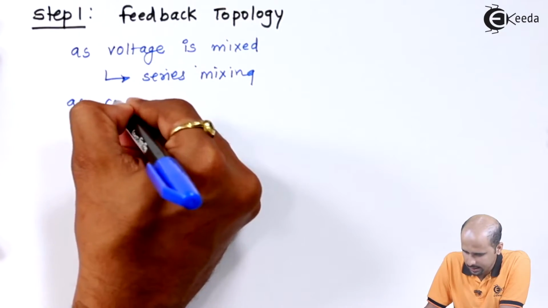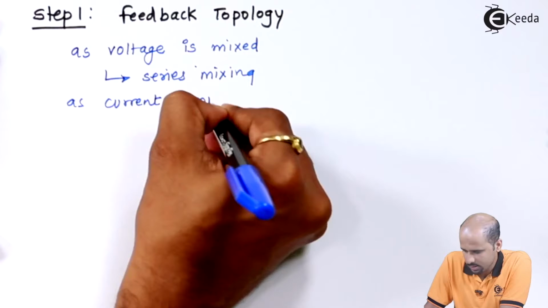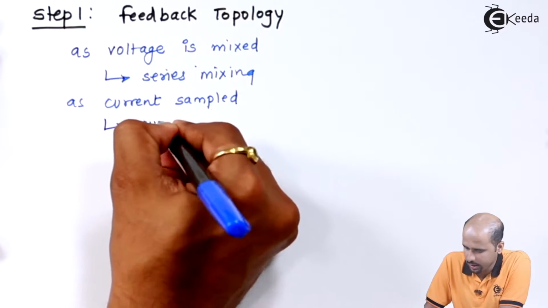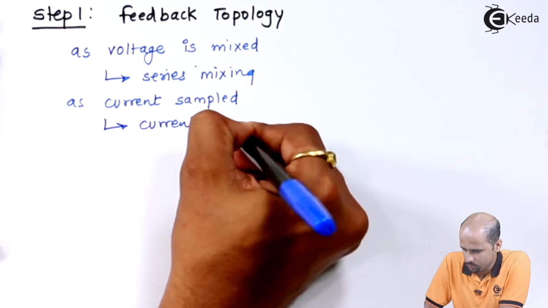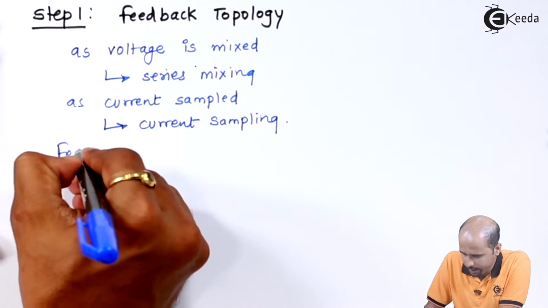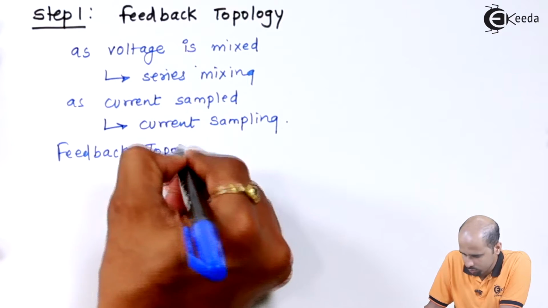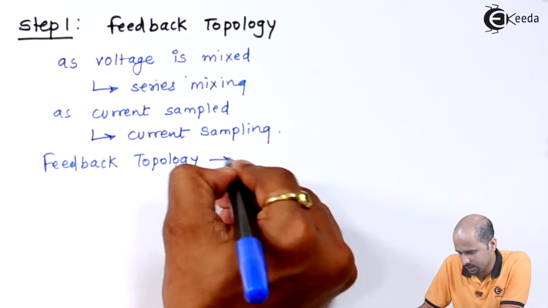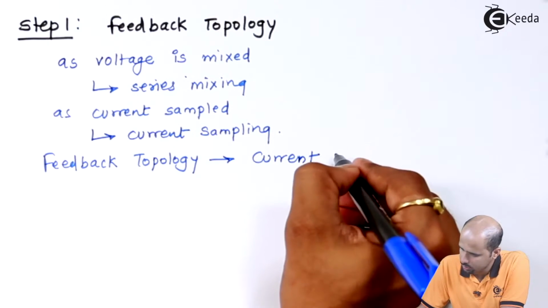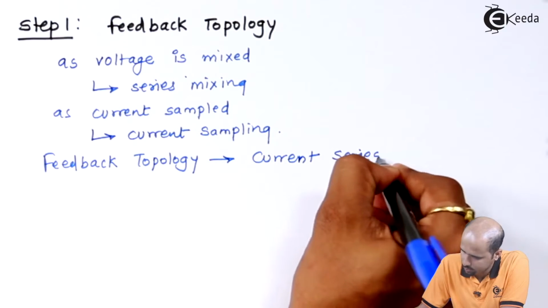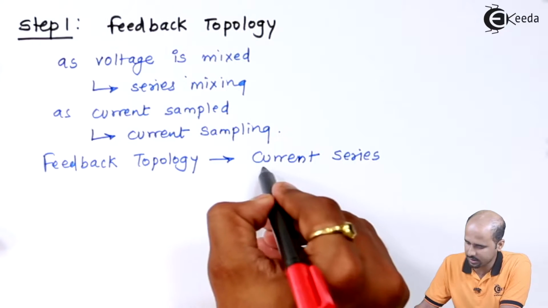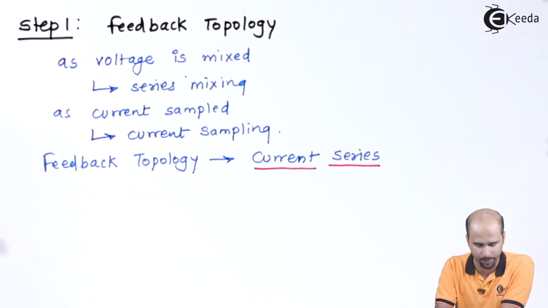And as current is sampled, not voltage, it's nothing but the current sampling. So the ultimate conclusion is that the feedback topology I'm getting is nothing but current series negative feedback topology, right? So the important part is it's nothing but current series negative feedback topology.